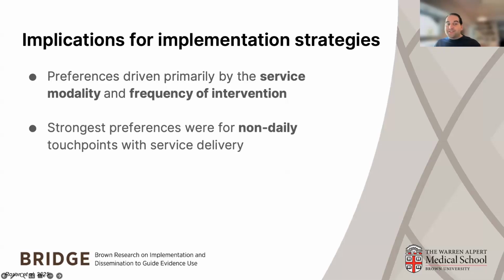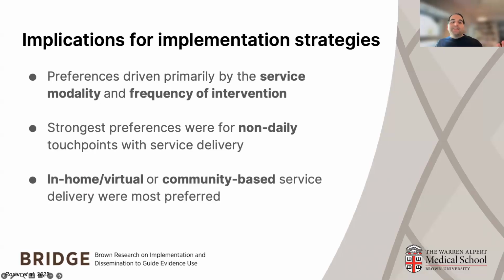The strongest preferences overall, as you can see, both from the previous table I showed you as well as the relative importance scores, were for non-daily touch points with service delivery. And lastly, people really had strong preferences for in-home or virtual delivery or community-based delivery.